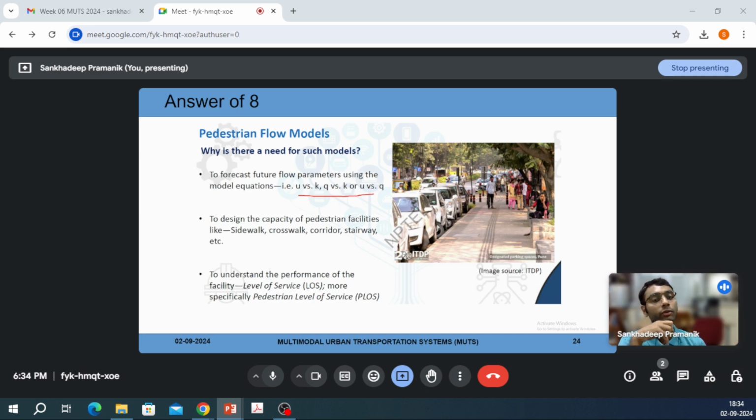They tell us what the speed will be at a particular density if a place is very busy or an institutional area, what the width of a particular facility should be, and whether facilities like staircases or skywalks need to be provided or not. To understand these things, these models are very useful.